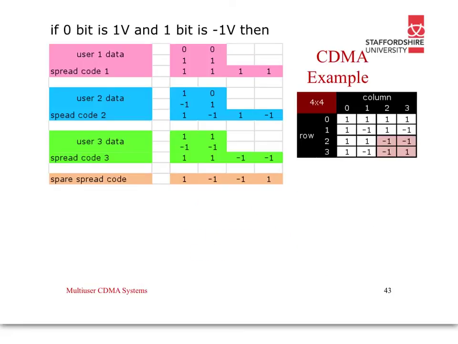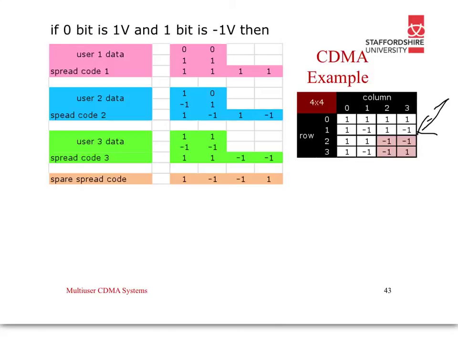So here, in this case, if a 0 bit is represented by 1 volt and a 1 bit is therefore represented by -1, then we consider 3 users and 4 orthogonal spreading codes. You'll notice here that I've reproduced the Hadamard matrix for a 4x4 matrix.